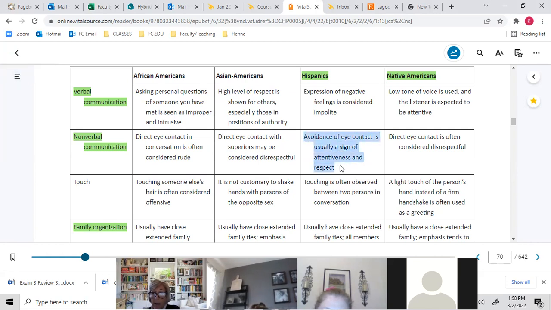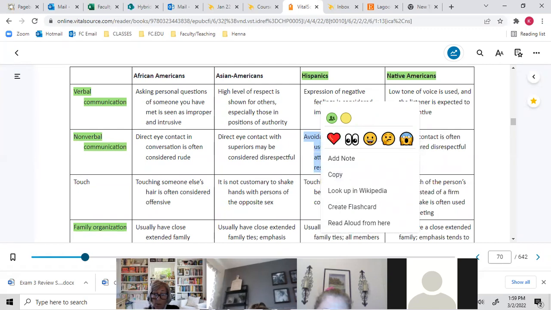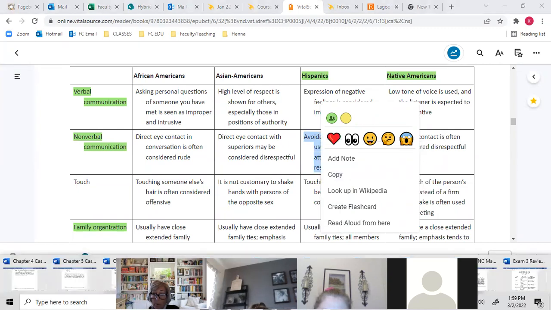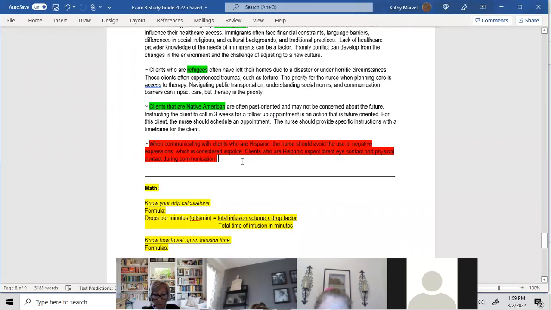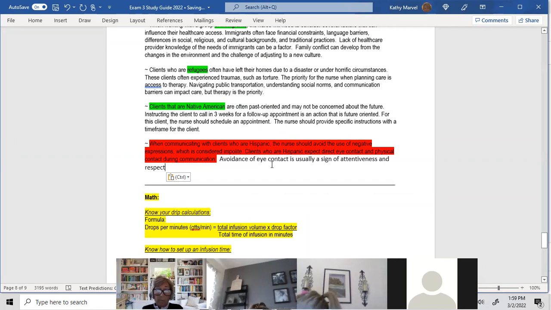So what I'd like to do there, oh, we're talking about Hispanics right now. So what I'd like to do is I'm just going to put this in here, which is the actual verbiage. Okay, so that's what it should say.